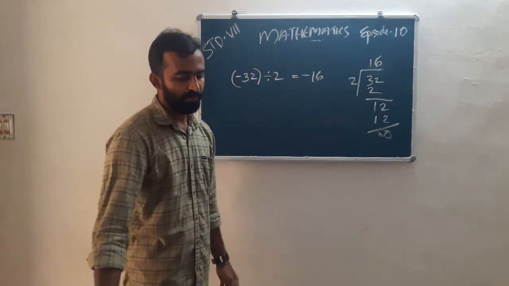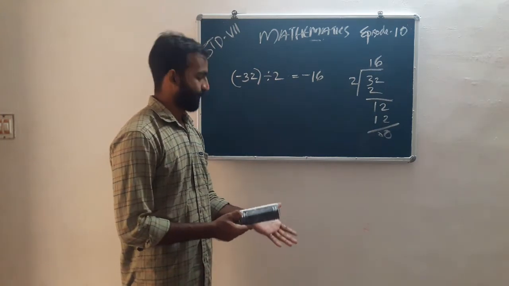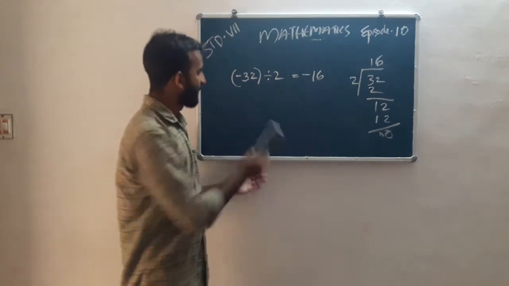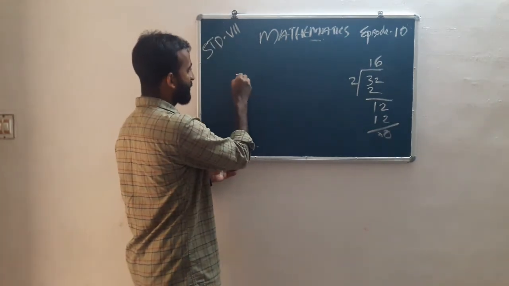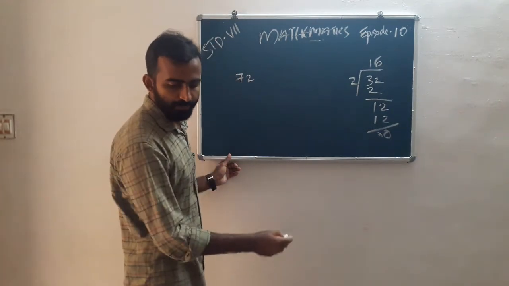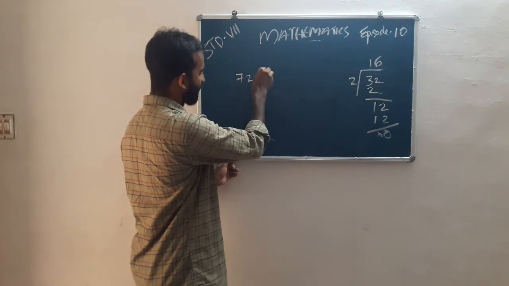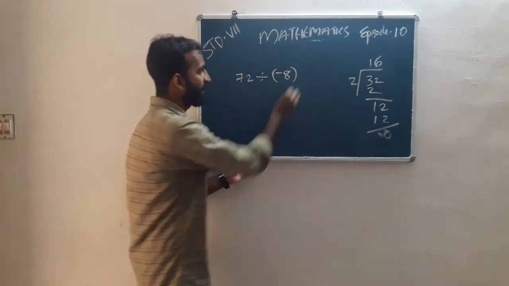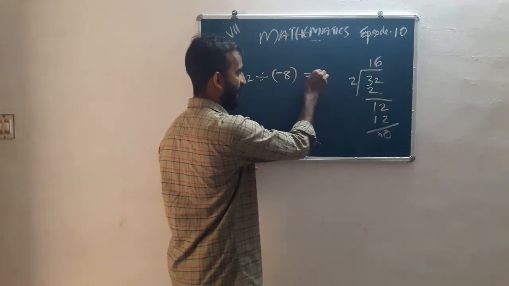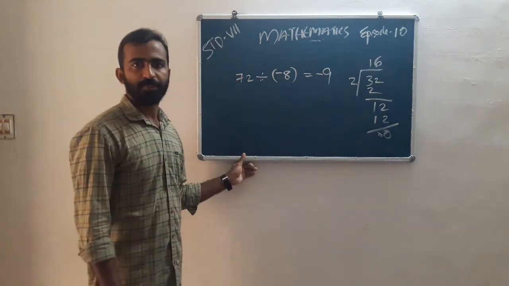Now some properties of division. Here 72 divided by negative 8, what do we get? Negative 9.